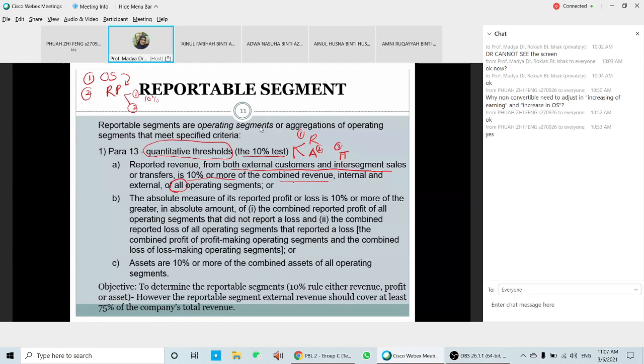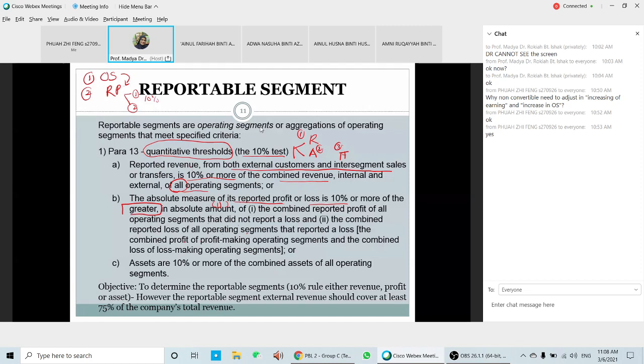I'm going to look at an example for this later. Second, the absolute measure of reported profit or loss is 10% or more of the greater, in absolute amount, of the combined reported profit of all operating segments that did not report a loss, or the combined reported loss of the operating segments that reported a loss.